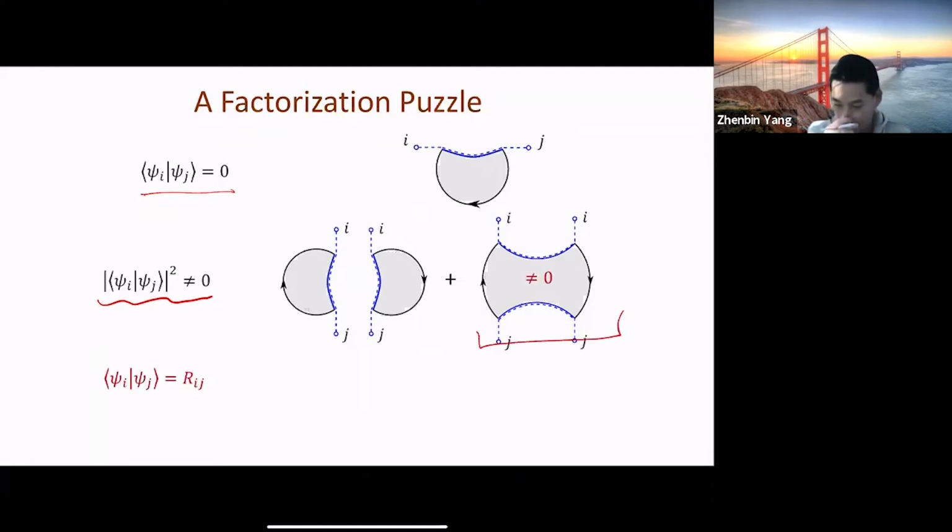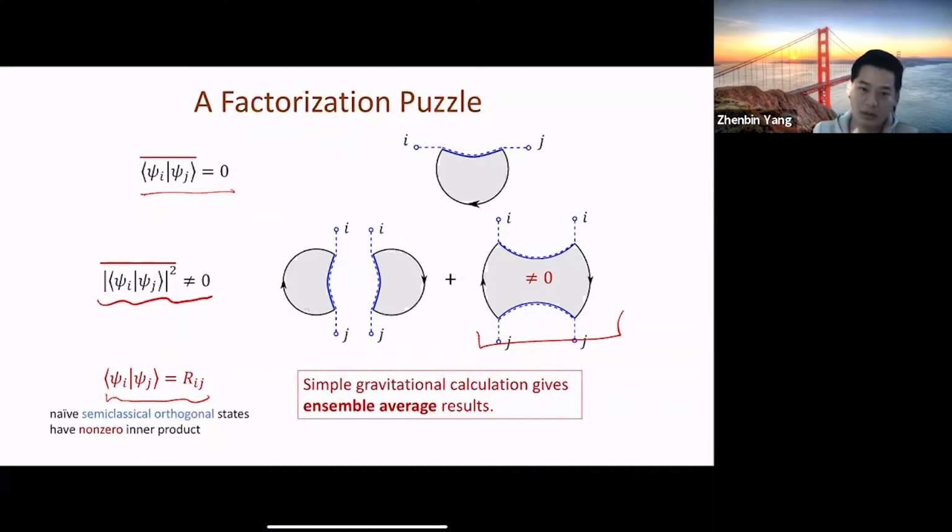And so if we have a single UV complete theory, then one can speculate that maybe the actual answer is that ⟨ψ_i|ψ_j⟩ is actually given by some non-zero inner product, called R_ij. And the gravitational path integral rule we are using is giving an ensemble average result.